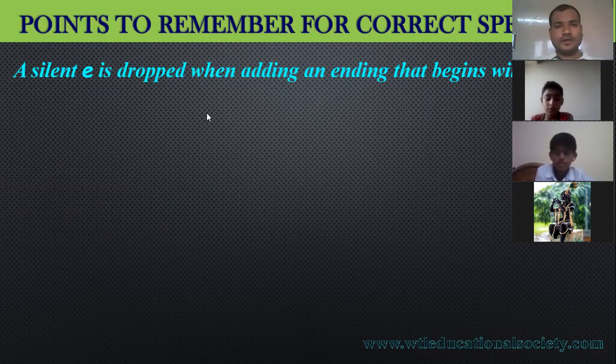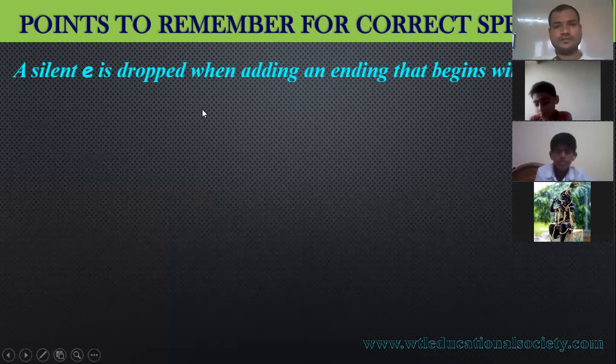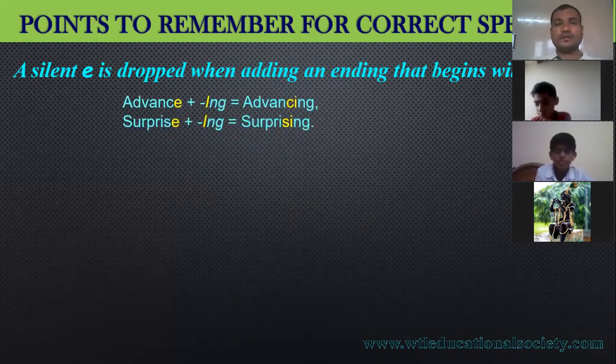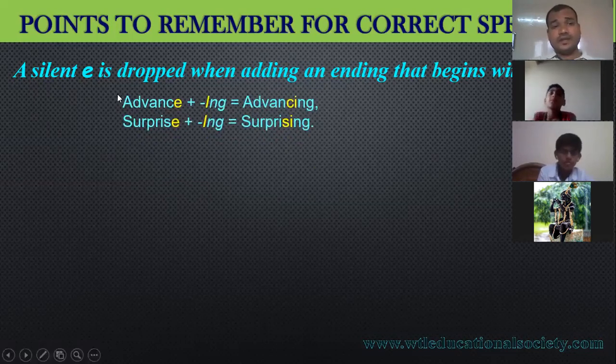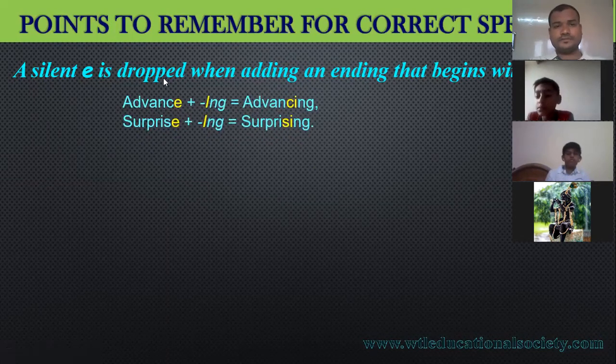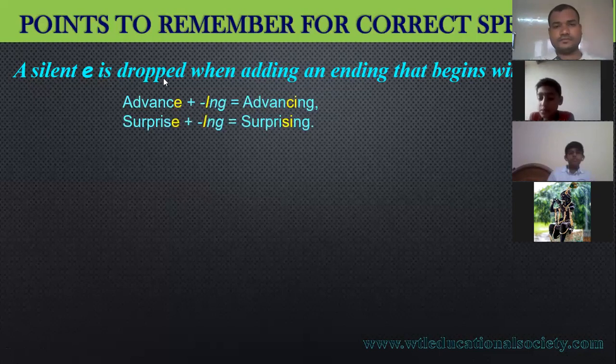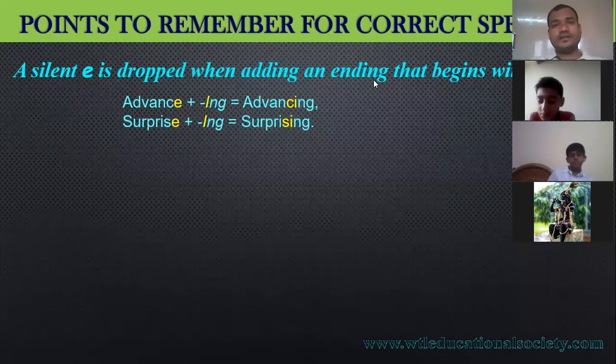Good. Now just look at the examples. By then you will get a little bit of clarity about it. A silent E is dropped when adding an ending that begins with a vowel.